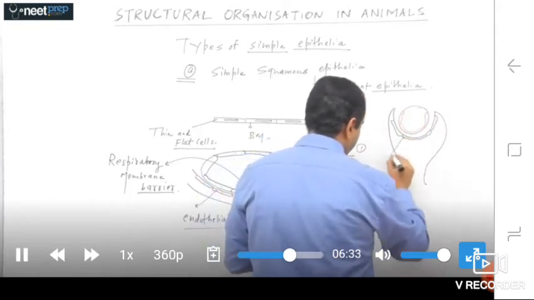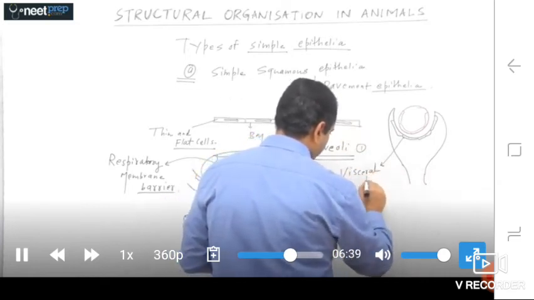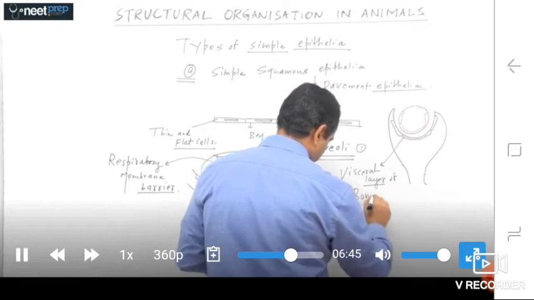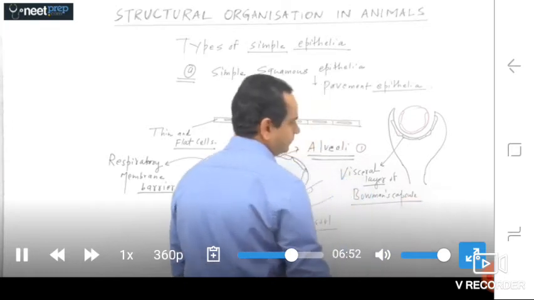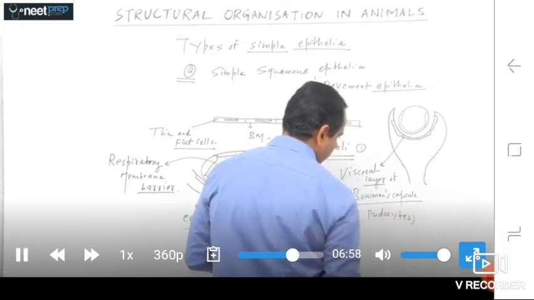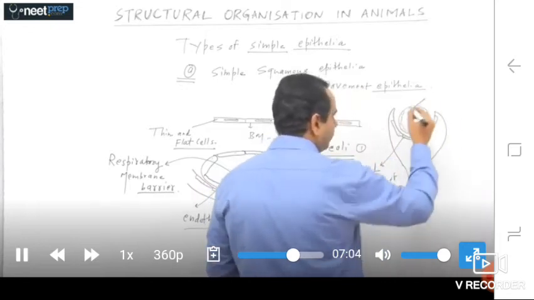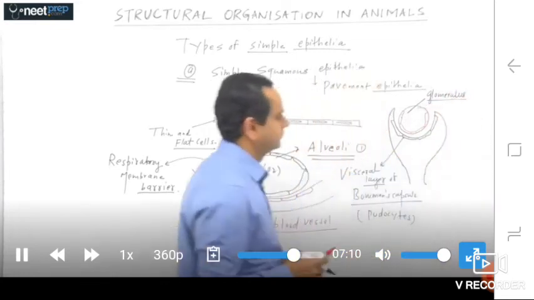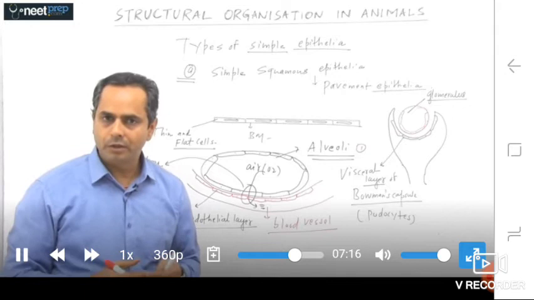This is the visceral layer of Bowman's capsule, also called podocytes, and the lining of glomerulus, a kind of blood capillary that is present in our kidney, called glomerulus.